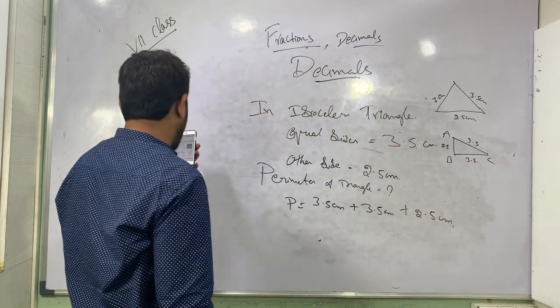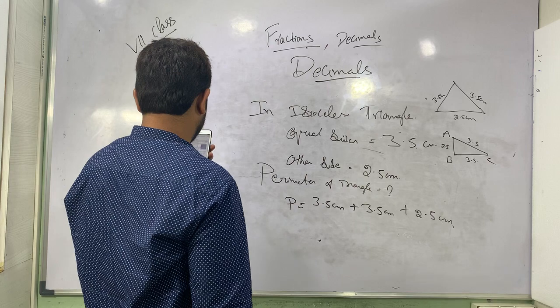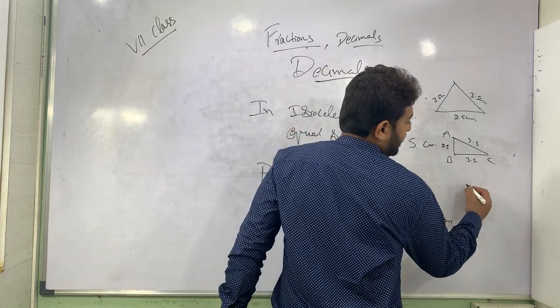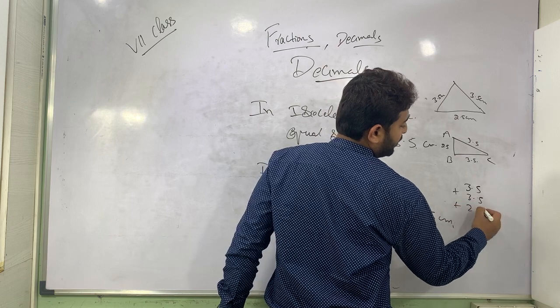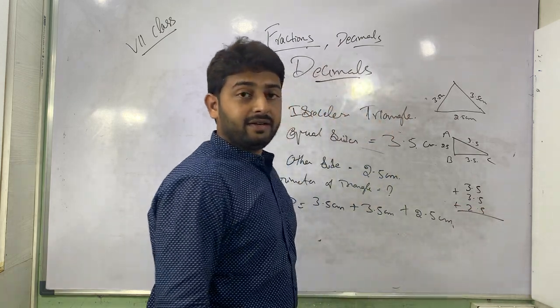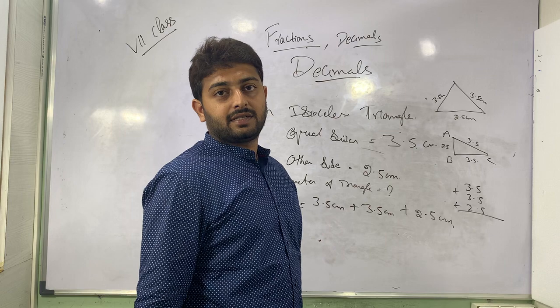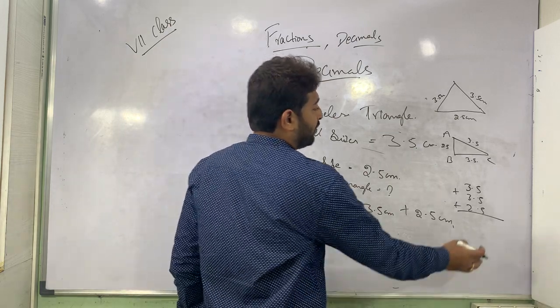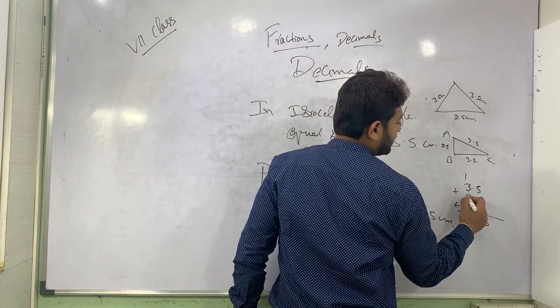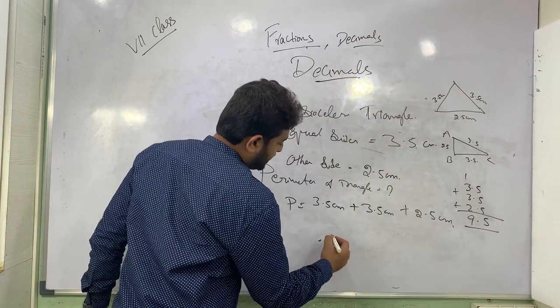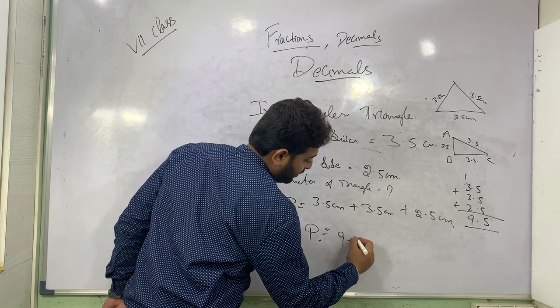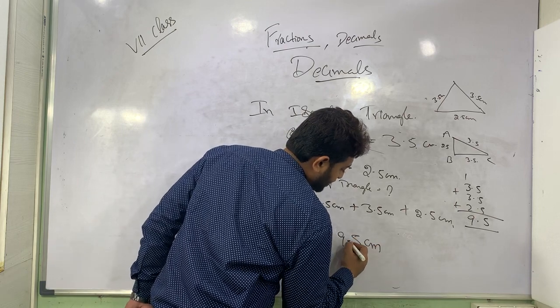So you just need to add those three. Adding 3.5 plus 3.5 plus 2.5, as simple as that. The answer is perimeter equals 9.5 centimeters.